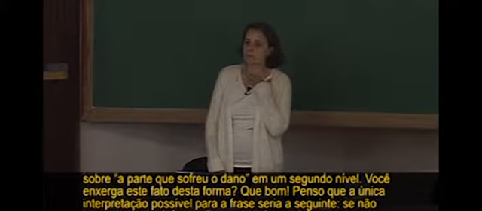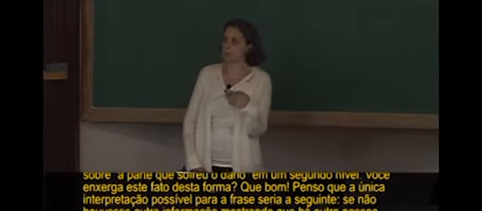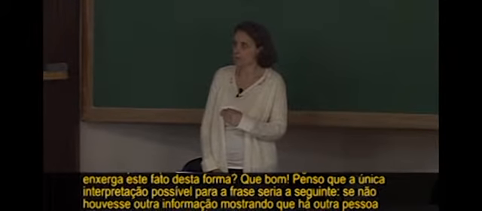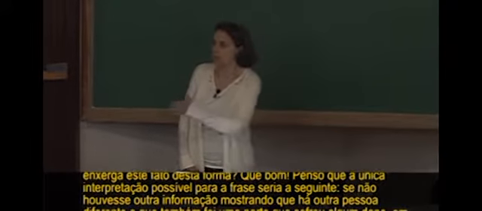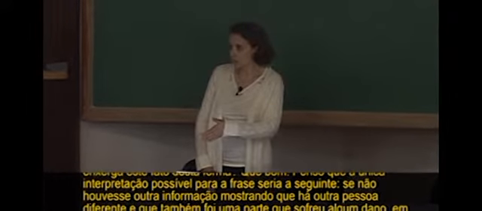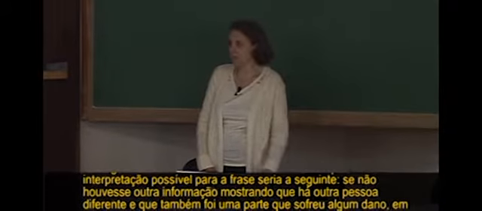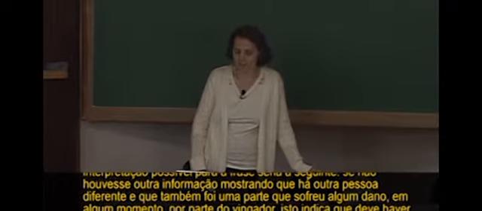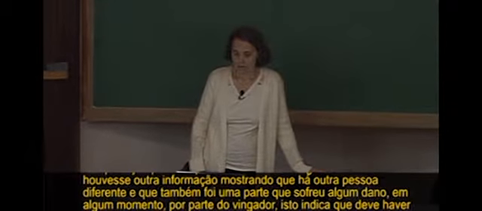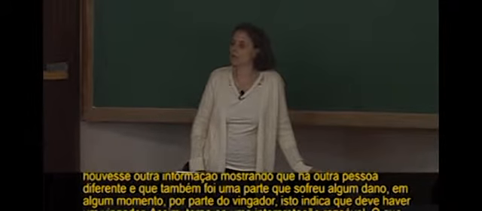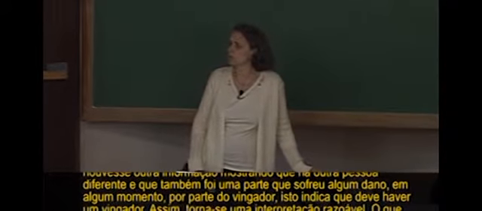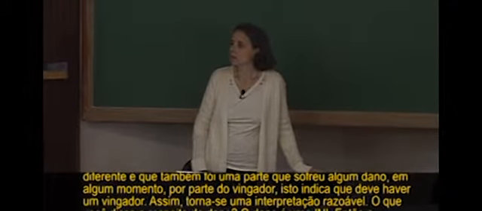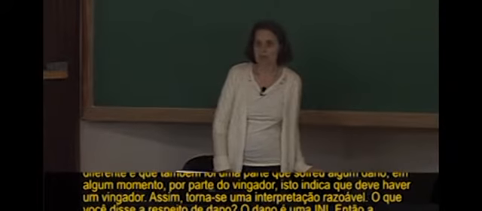Because I think the only interpretation we can give to the sentence, if it doesn't have other information that tells us that there's a different person who's the injured party from the Avenger, it has to be the Avenger. I think that's the reasonable interpretation. Okay. And we assume that, what did you say about injury? Injury is INI. Excellent, very good.